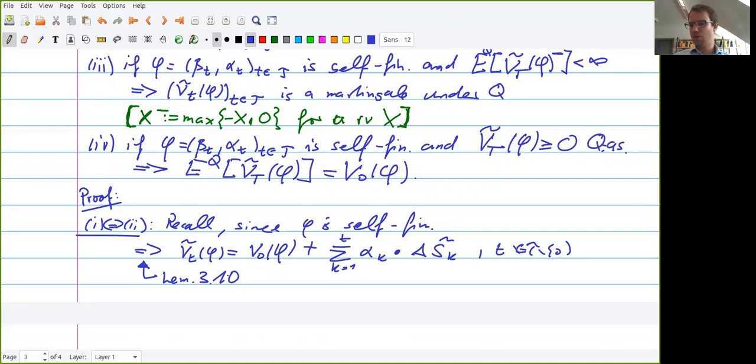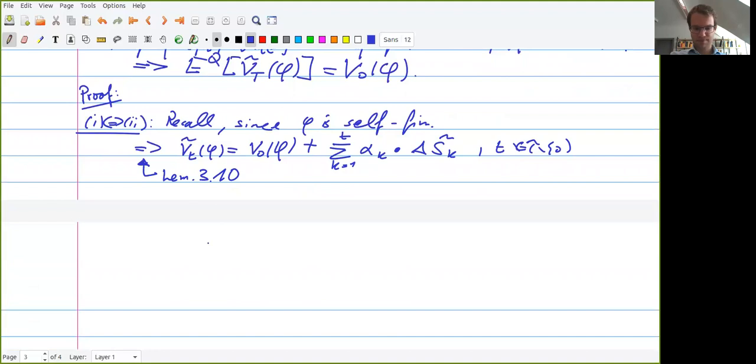So why do we want to recall it? Well, because what we see here is nothing else than alpha tilde at time t. So this is the discrete stochastic integral we already investigated.